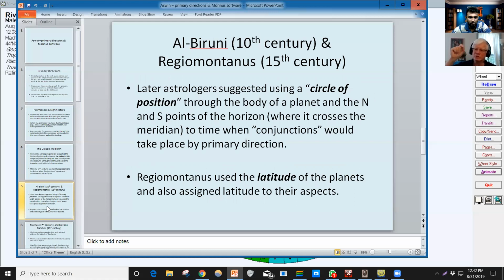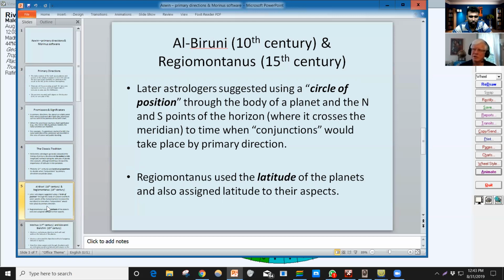Basically, they drew a circle from the north point of the horizon, where the meridian crosses the horizon in the north, through the planet to the south point of the horizon. And they said when 2 planet circles of position coincide, that's when they're conjunct. The 2 methods often differ in timing by a year, 2 years, 3 years. So they give you very different timings.